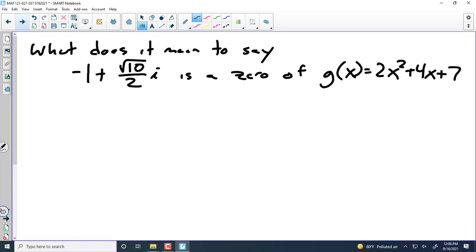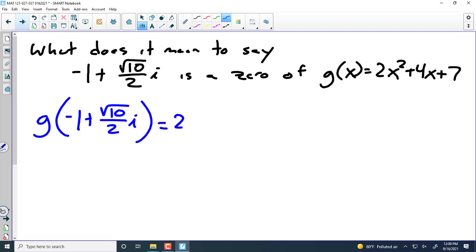So if you put 0 back into the equation, it's not going to equal 0. But if you put a -1 plus the square root of 10 over 2i back into the equation, it's going to equal 0. Now, that's important for us to remember because we're not always going to check these. We're going to trust that we did it right because even someone who really enjoys doing math is probably not going to say this is their favorite math to do.